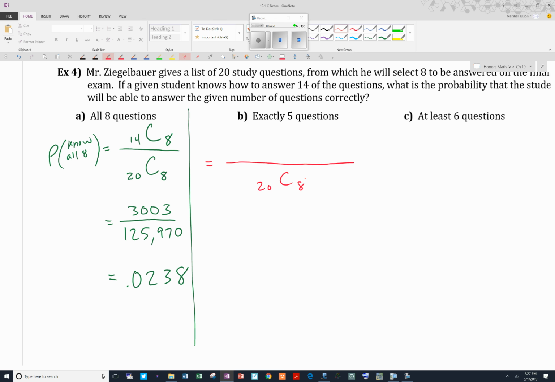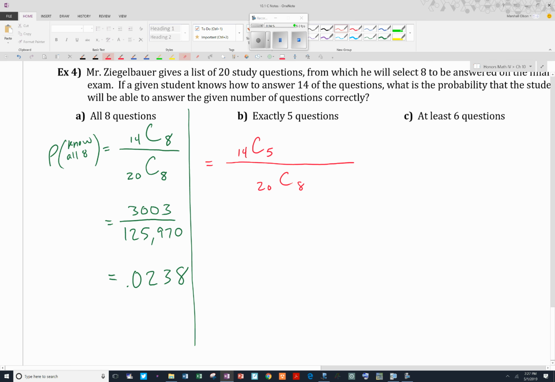But now we need to figure out how to choose 5 out of the 14 that you know, and then how many questions are left? If there's 5 that you know, how many do you not know that are going to be on the test? 3, right? There's 3 left on the test that you don't know. Okay, so we'll get there. So we have to figure out, out of those 14 that you know, how to get 5 of them.